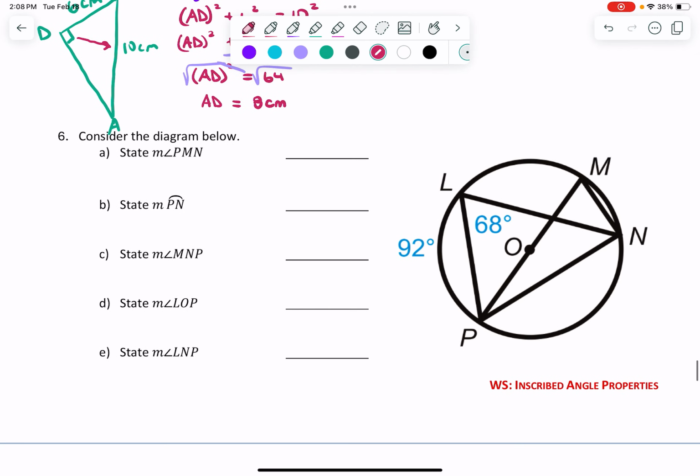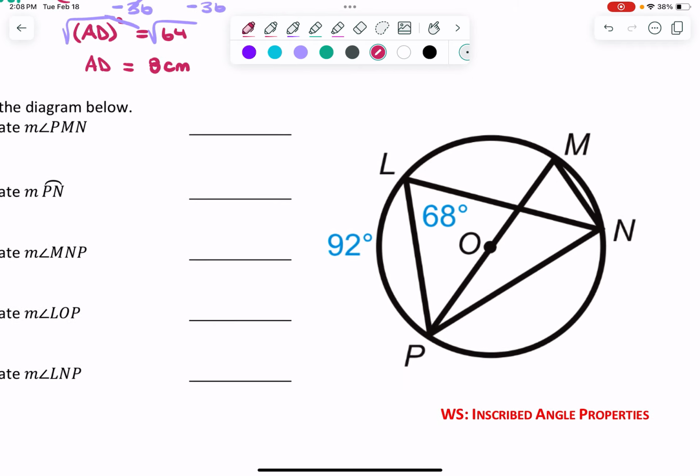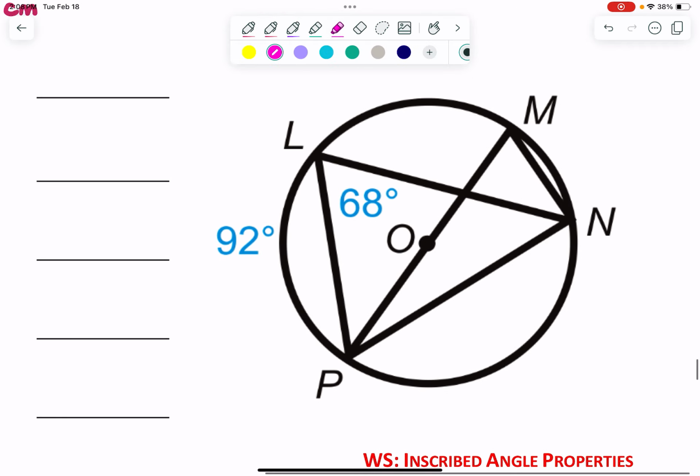This last example, before we even do anything, we don't have to do any explanations. We are simply going to figure out the values. Just so that we're clear, I want to talk about where these values go. I have an inscribed angle, PLN, which measures 68 degrees.